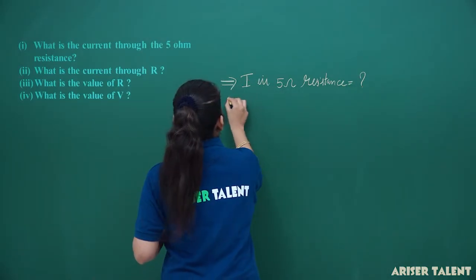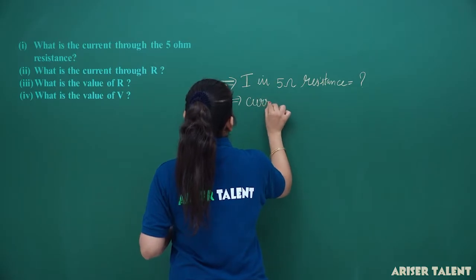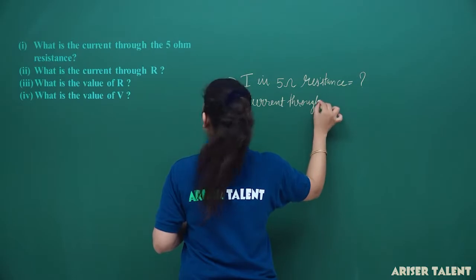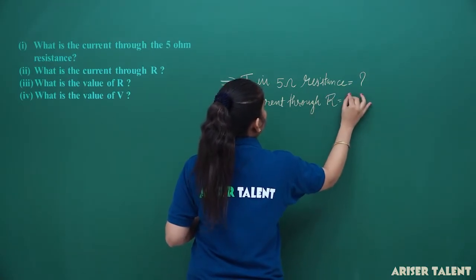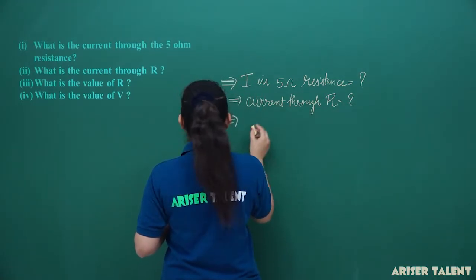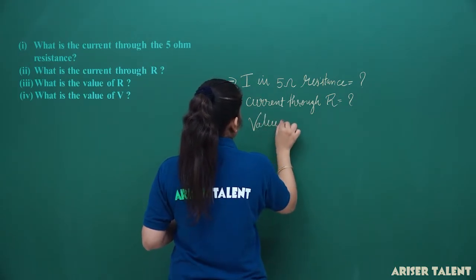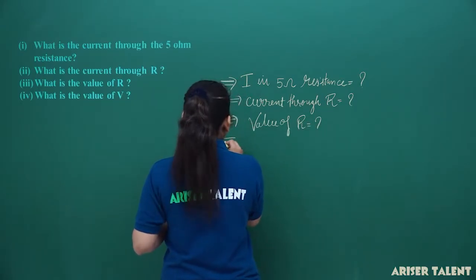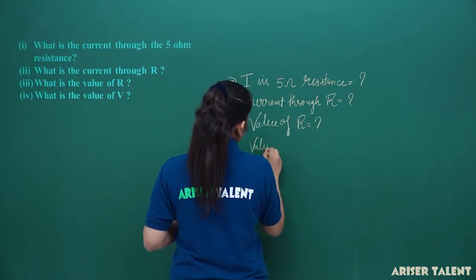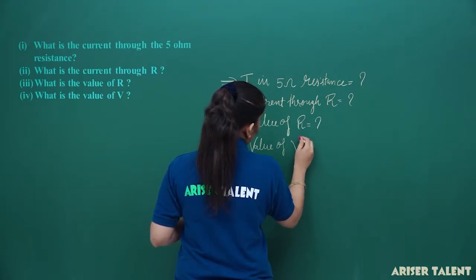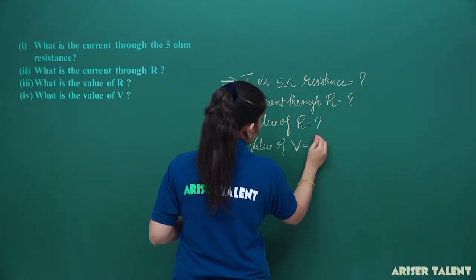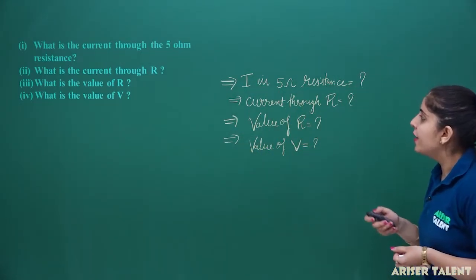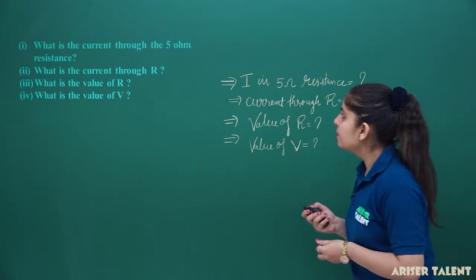Second thing, current through R. Third part, value of R, and the fourth part, value of V. So, these are the 4 questions we have to find out. So, let's move to the diagram again.